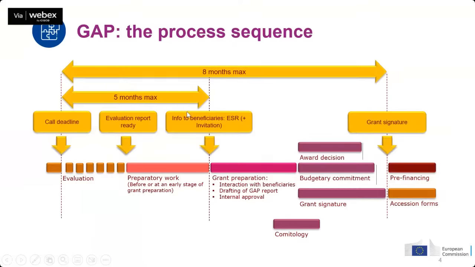First is the evaluation. From the call deadline until the moment you receive the results of the evaluation, we plan a maximum of 5 months. And then we plan another 3 months maximum to sign the grant. This is exactly the part that we are discussing today, the grant agreement preparation process.